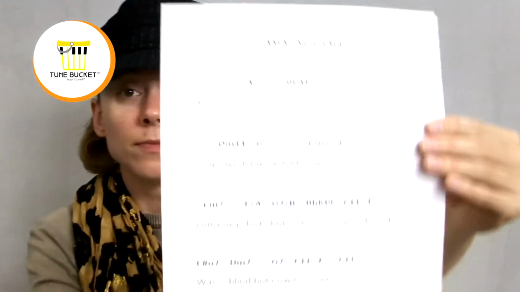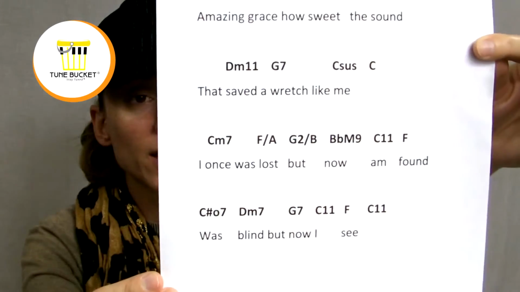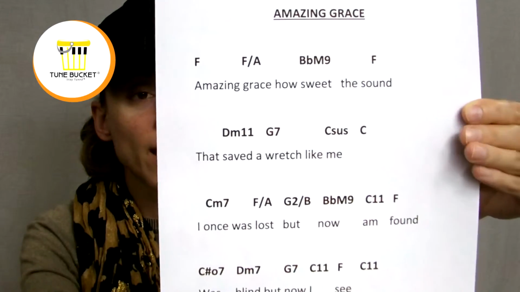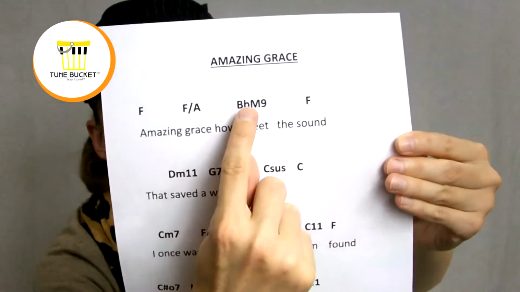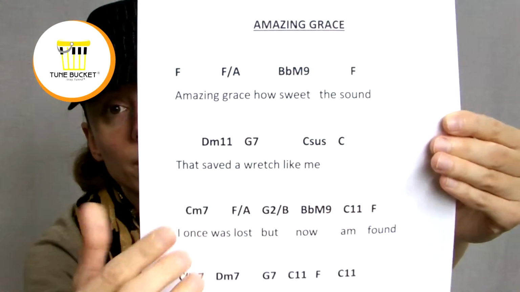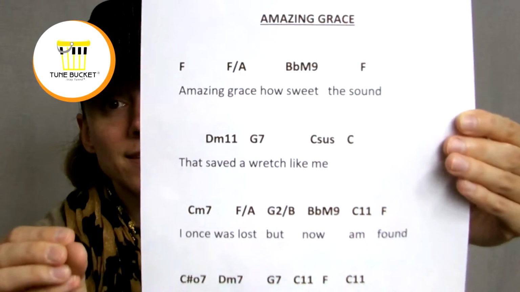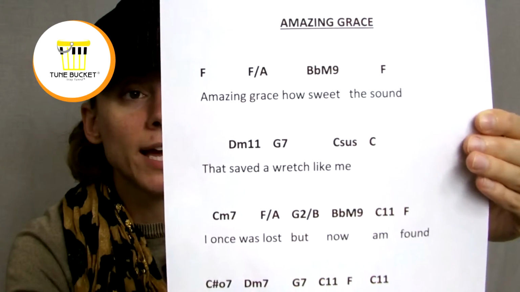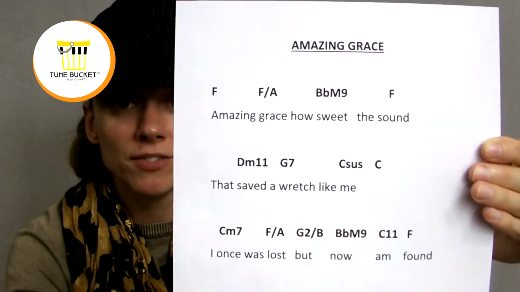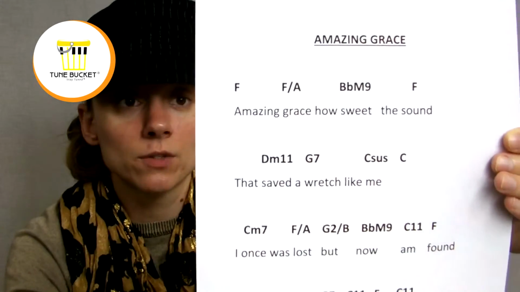And then the rest of the song are chords that we've already covered. So I just want to reiterate: when you see a chord like this B flat major 9 right here, just focus on the basic triad of the chord to determine what to play. So a B flat major chord is what this chord is.